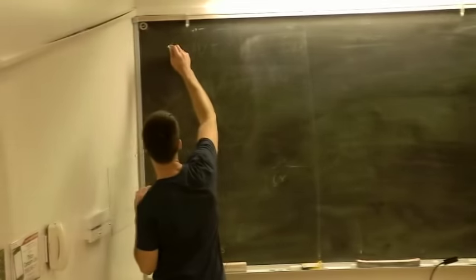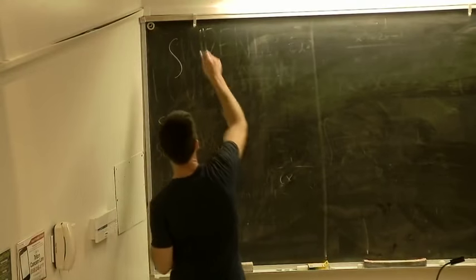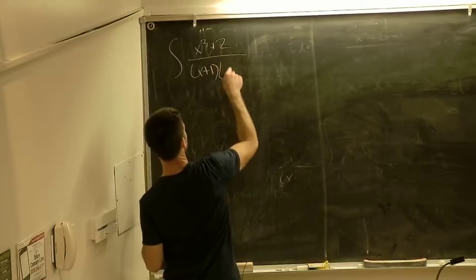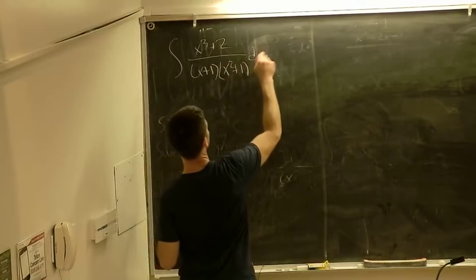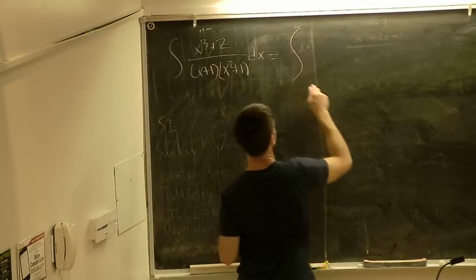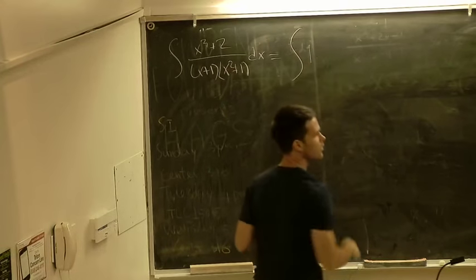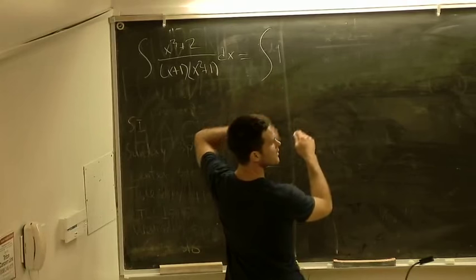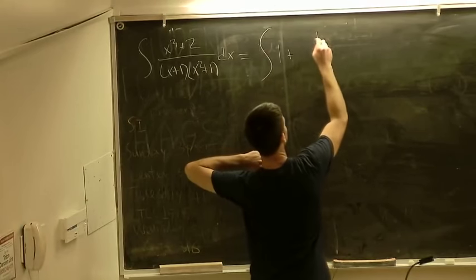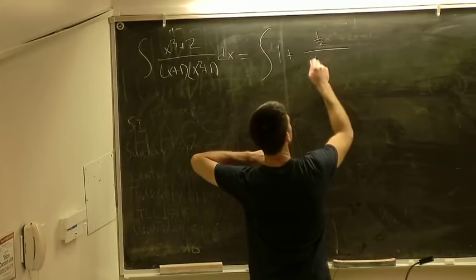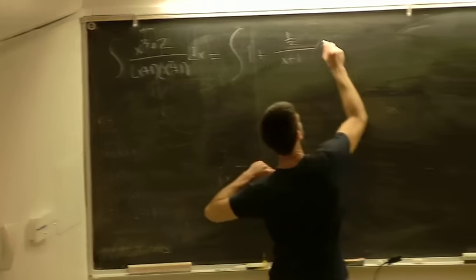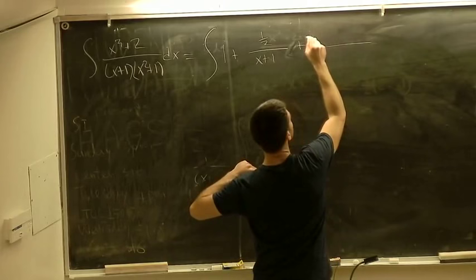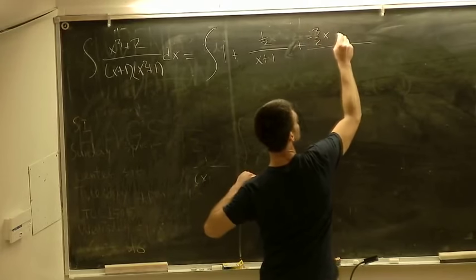All right, so the integral of the original expression, x to the third plus 2 over x plus 1 times x squared plus 1 dx, is the same as the integral of 1, plus a, which is a half, 1/2 over x plus 1, plus b, which is -3/2.